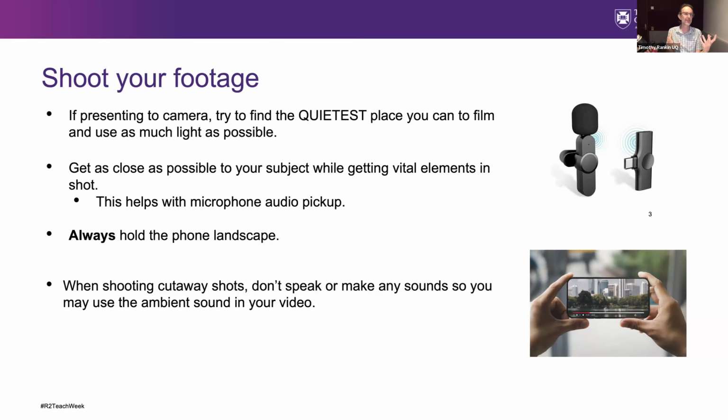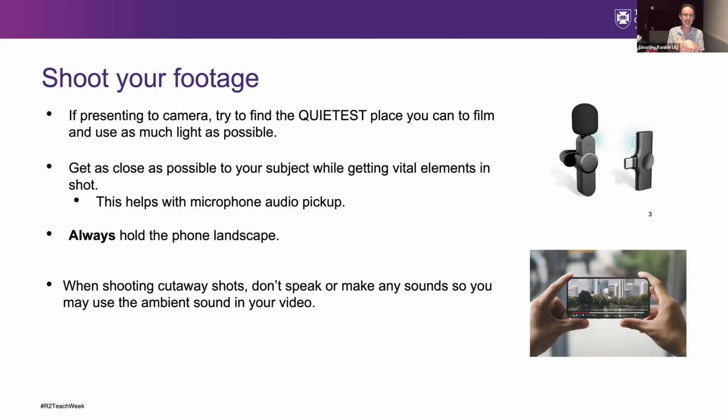if you don't have an external microphone, like a Bluetooth microphone or anything like that, all phones should accept some kind of Bluetooth microphone or something that plugs in. If you don't have one of those and you're stuck with the onboard microphone, then you might have to try and find a fairly quiet place to do your recording.